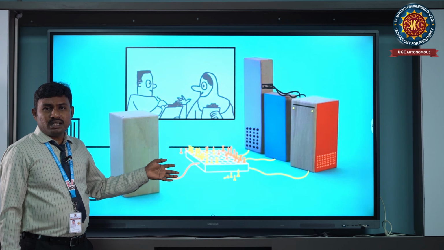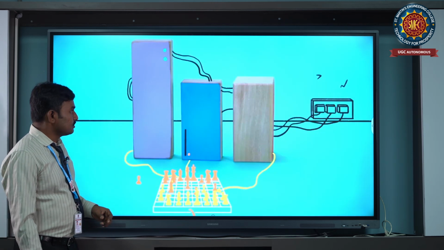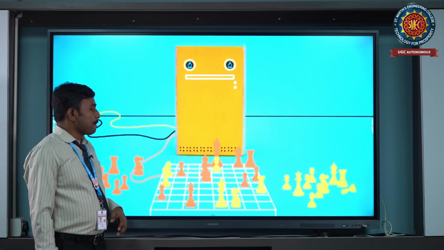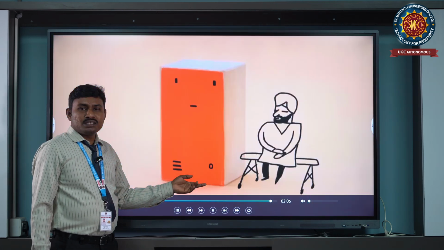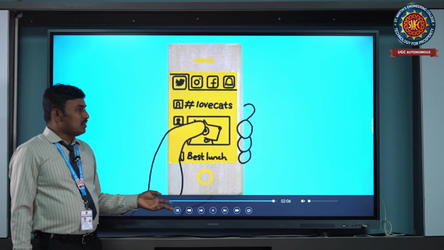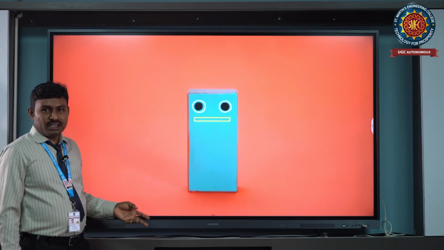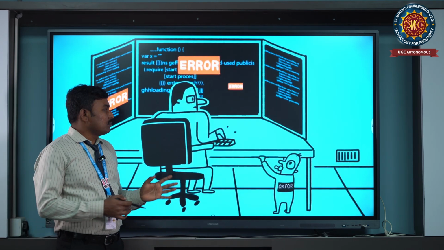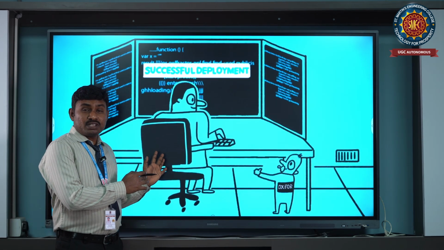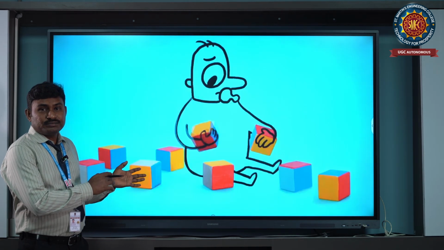These all come under classification problems. This is the chess game. The chess game is also an example of reinforcement learning. In the chess game, we get a reward for the right move and a penalty for the wrong move. This is the graphical video representation for machine learning.